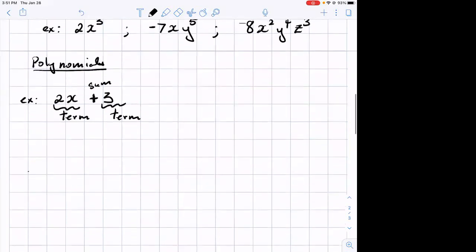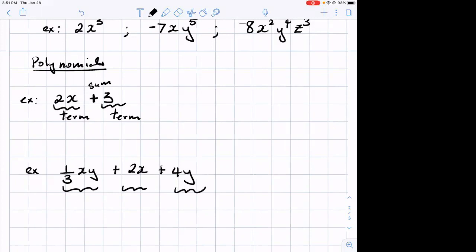Or we can have example 1/3 xy, which is one term, plus 2x plus 4y. So these are all terms. Here is one term, here is another term, here is another term.